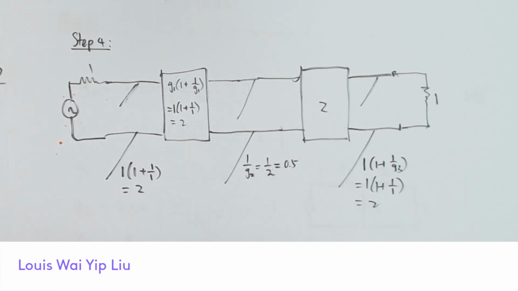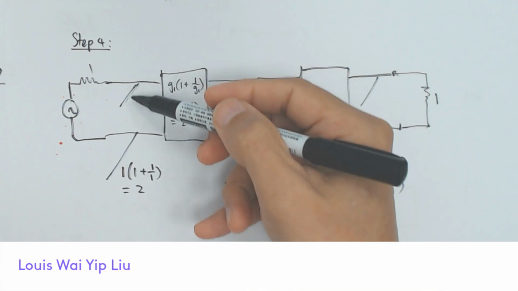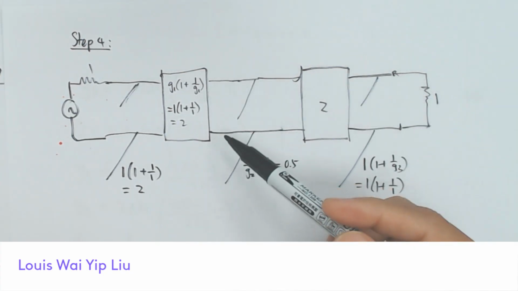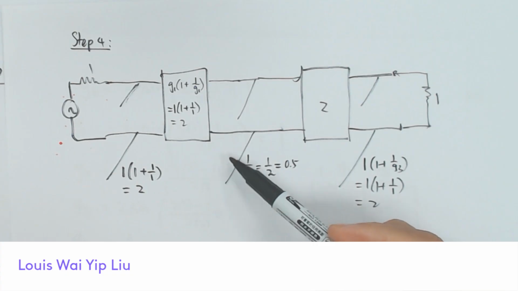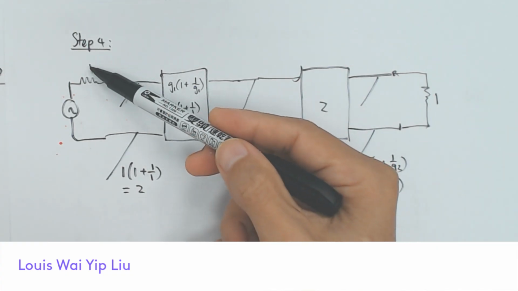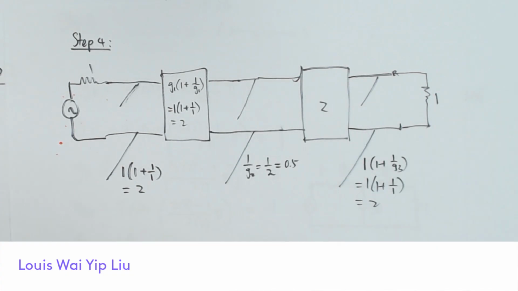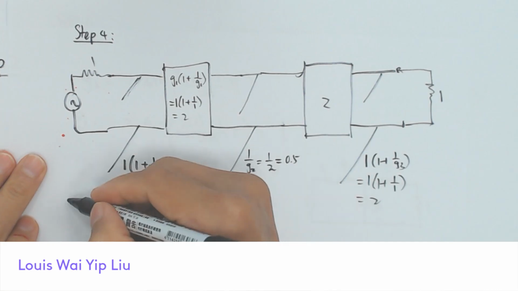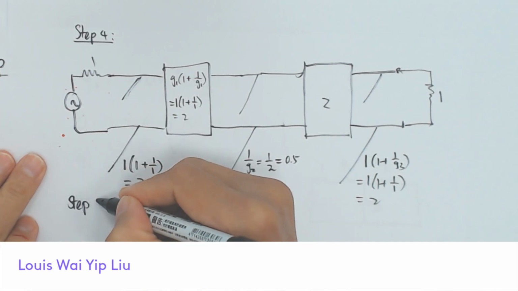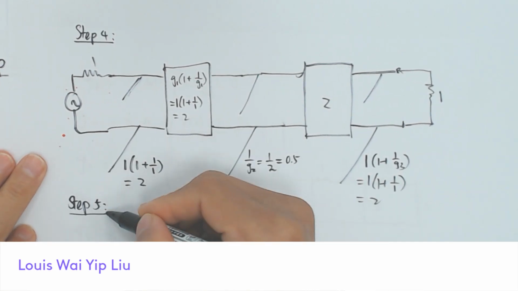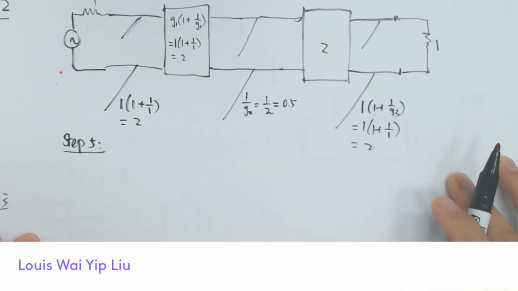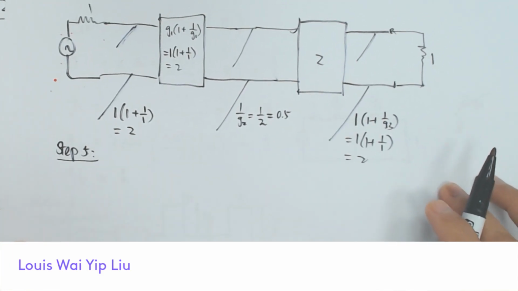First, we need to scale up all the impedances by 50, because the circuit is based on 50 ohm, not 1 ohm. So this is the next step. So step 5 is the step for scaling. So let's do it carefully.